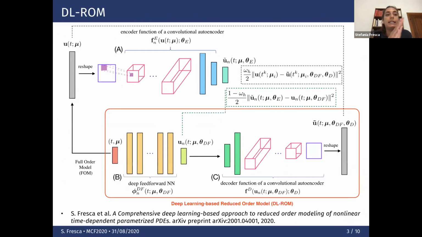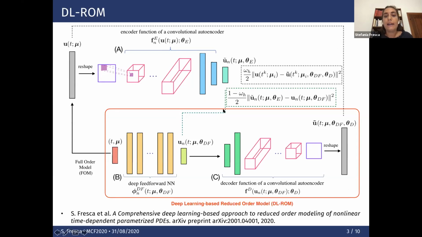Here I show the architecture of DL-ROM used at training time. In particular, it consists of three blocks, A, B, and C. The FOM solution enters block A, which is the encoder function, and it outputs a low-dimensional representation of the FOM solution. The same parameter instance associated to the FOM enters block B, the deep feed-forward neural network, and outputs the intrinsic coordinates.